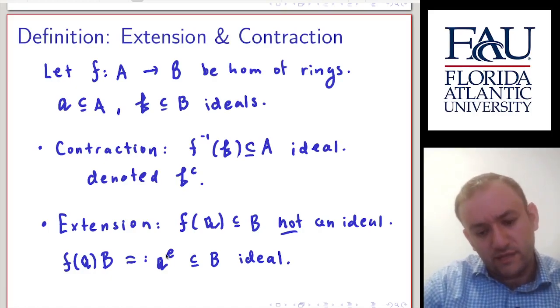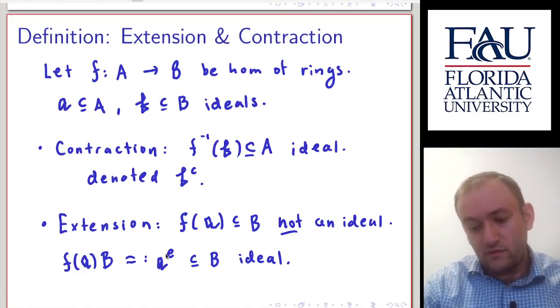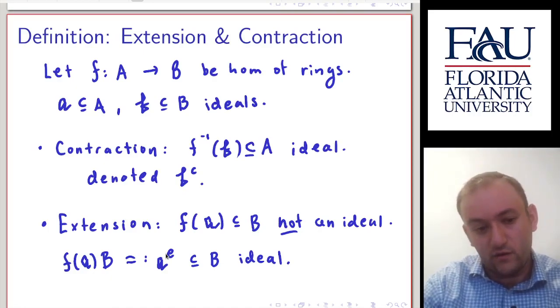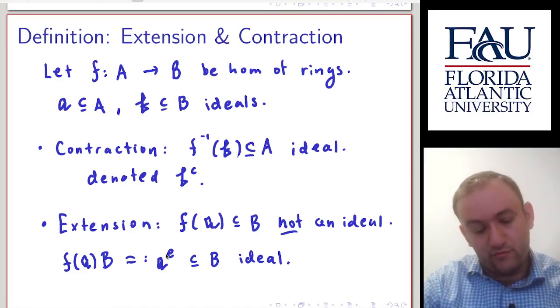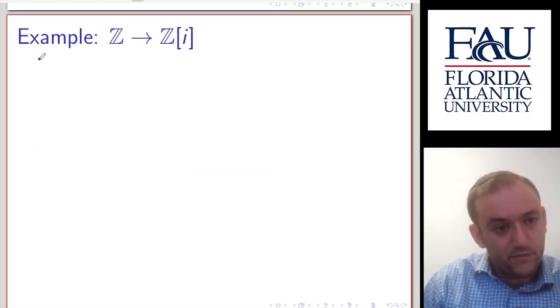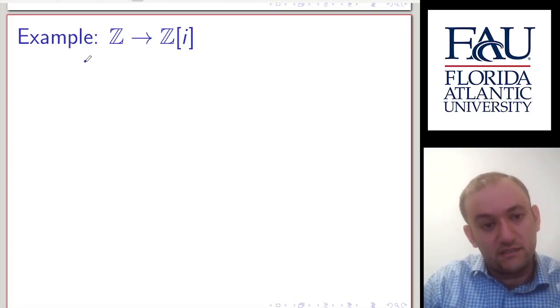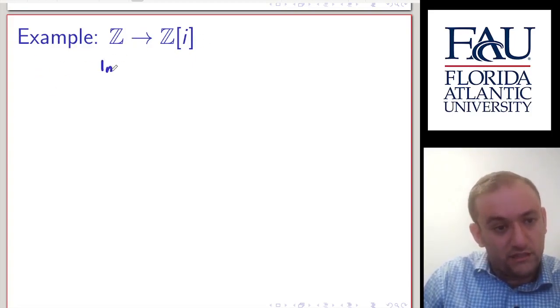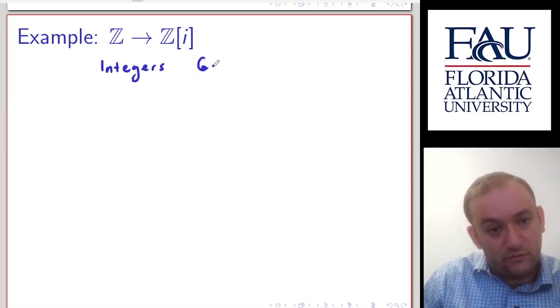So let's consider some ring homomorphism and see how ideals are extended or contracted. We have a map from Z to Z adjoin i. These are the integers, and these are the Gaussian integers.